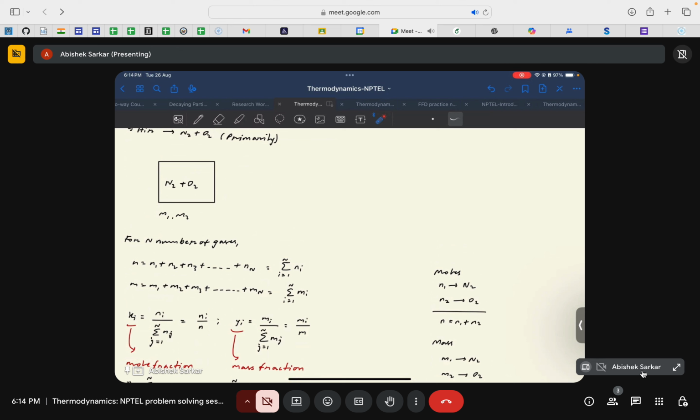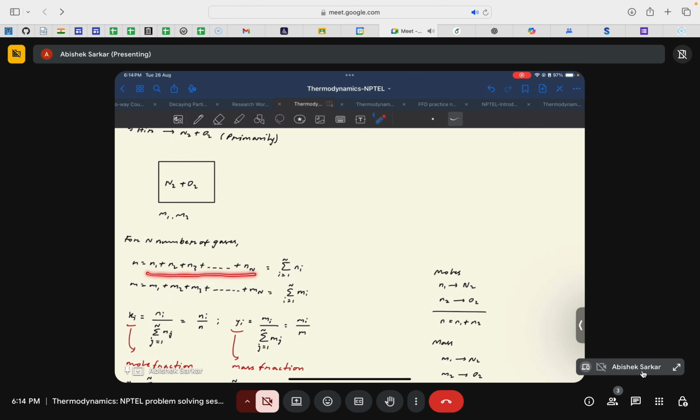We can represent this summation in a compact manner as the summation of ni, where i goes from 1 to n. That's a very compact way to represent this elaborate summation.